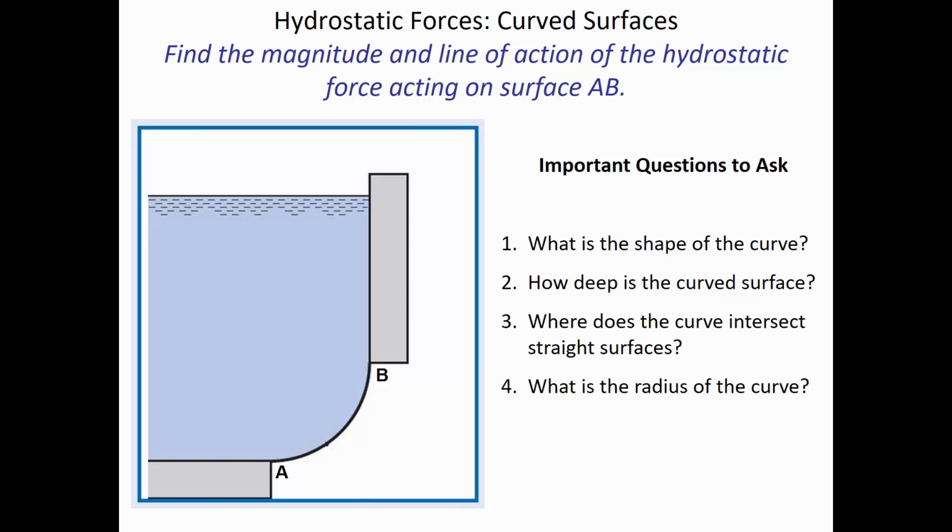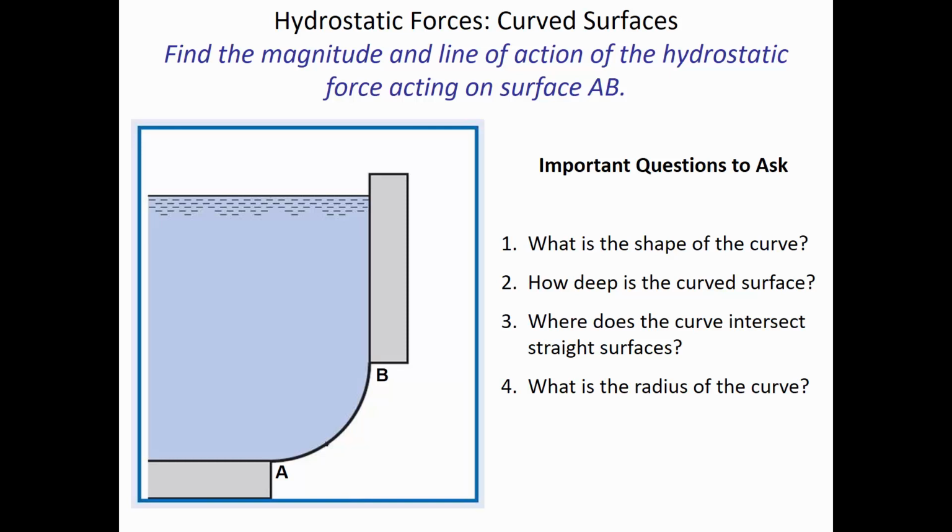So here's the hydrostatic force. Well, there's a vertical component to that, and there's a horizontal component to that. And the way that we find the overall resultant hydrostatic force is we solve for the 2 pieces: the force vertical and force horizontal.